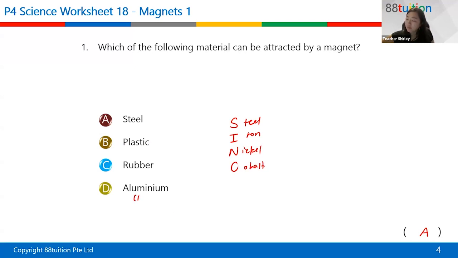Even though aluminium is a metal, it is not a magnetic material, so it cannot be attracted by a magnet. Of course, plastic and rubber can't as well.